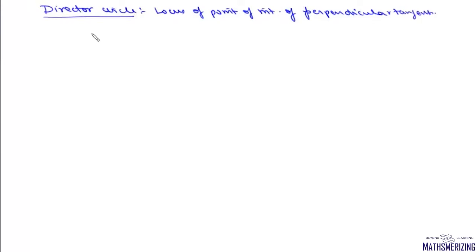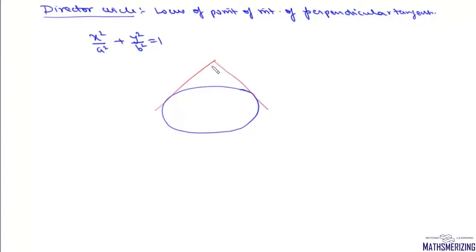So if we have any ellipse whose equation is x square upon a square plus y square upon b square equals to 1, and we'll draw this ellipse also. Then we need to find locus of point of intersection of perpendicular tangents.